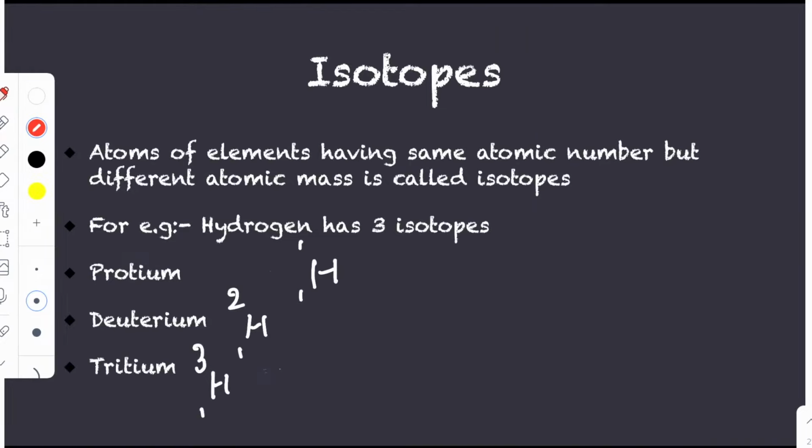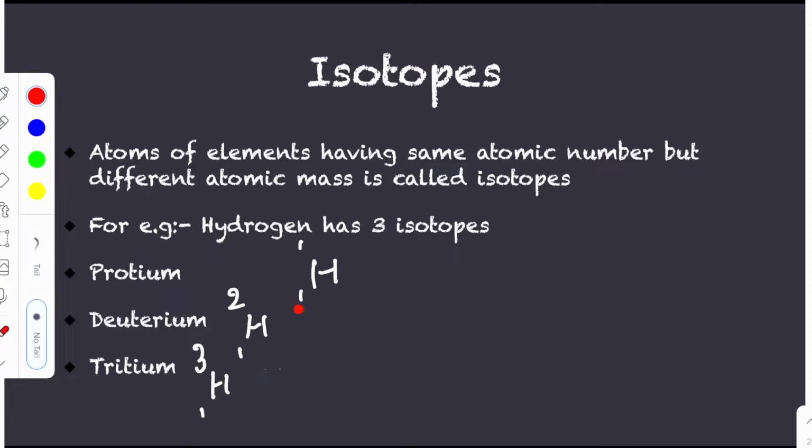Now what are isotopes? Isotopes are atoms of the same element having the same atomic number but different atomic mass. For example, hydrogen has 3 isotopes: protium, deuterium and tritium.